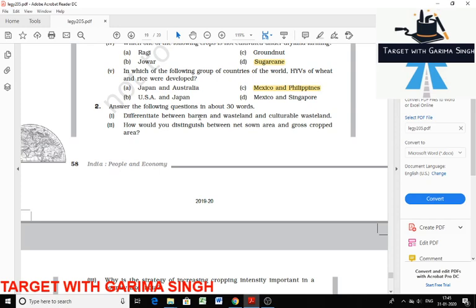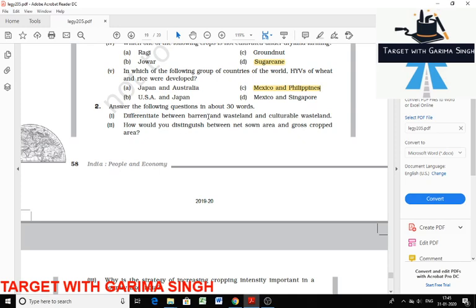So wasteland and barren land are synonyms. Barren land refers to that land which cannot be brought under cultivation even with the use of present technology. Then cultivable land is the land which is left fallow for more than 5 years. You can do cultivation in that, but in barren land you can't.